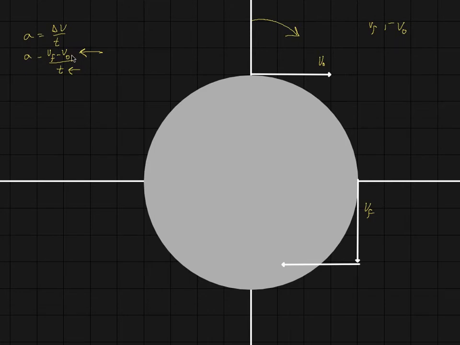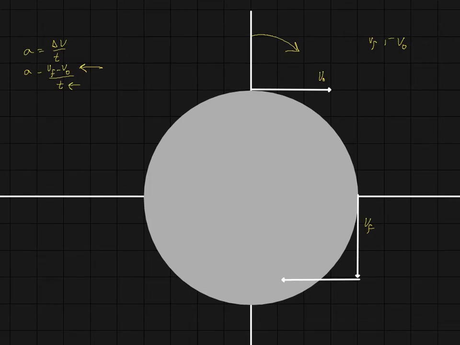Acceleration is equal to v final minus v initial, and the resultant of v final minus v initial is the acceleration. So let me draw in my resultant vector. My resultant vector is going to go from the starting point of the diagram to the ending point. And so this yellow dotted line is my acceleration vector.